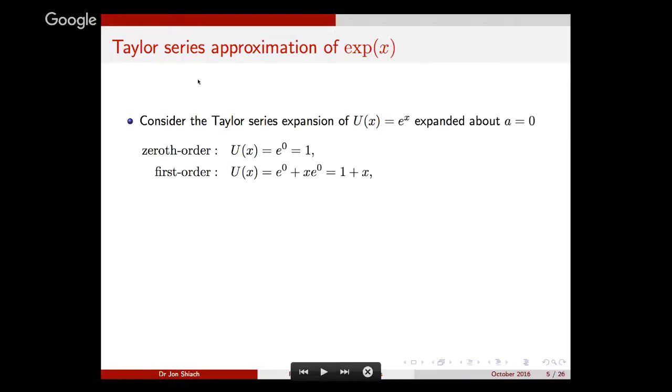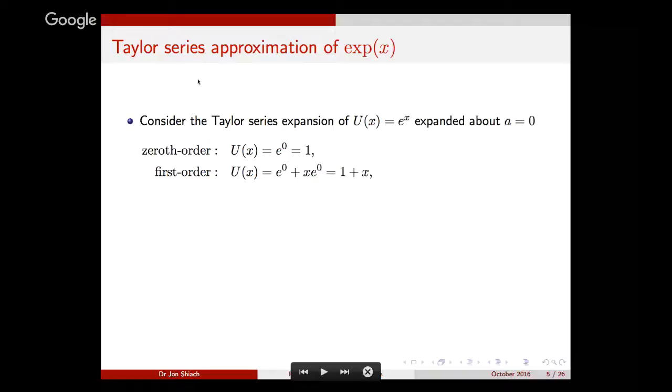First order. The Taylor series was u(x) plus h times the derivative of u(x). Here we're going to say h is going to be 1, and a is 0, sorry. So we have our 0th order term, and this is our first order term.